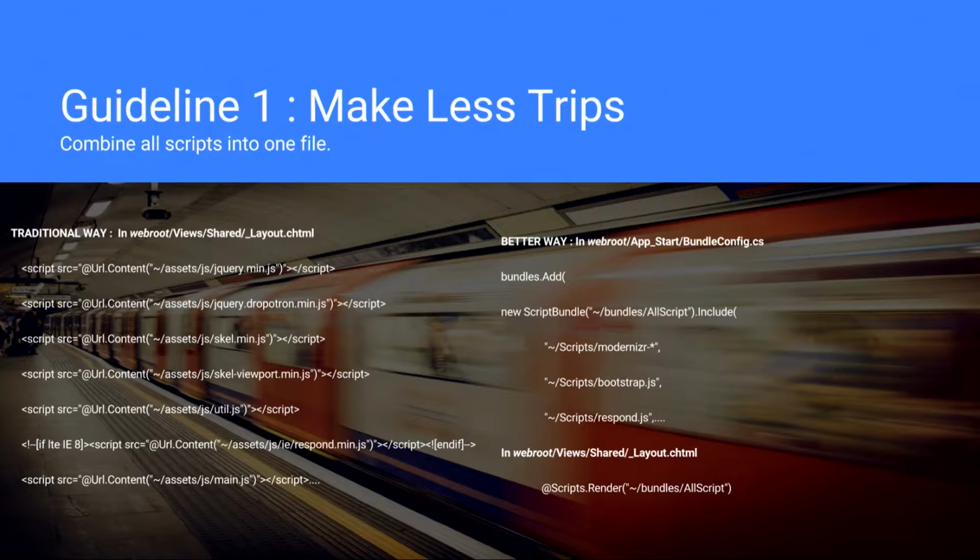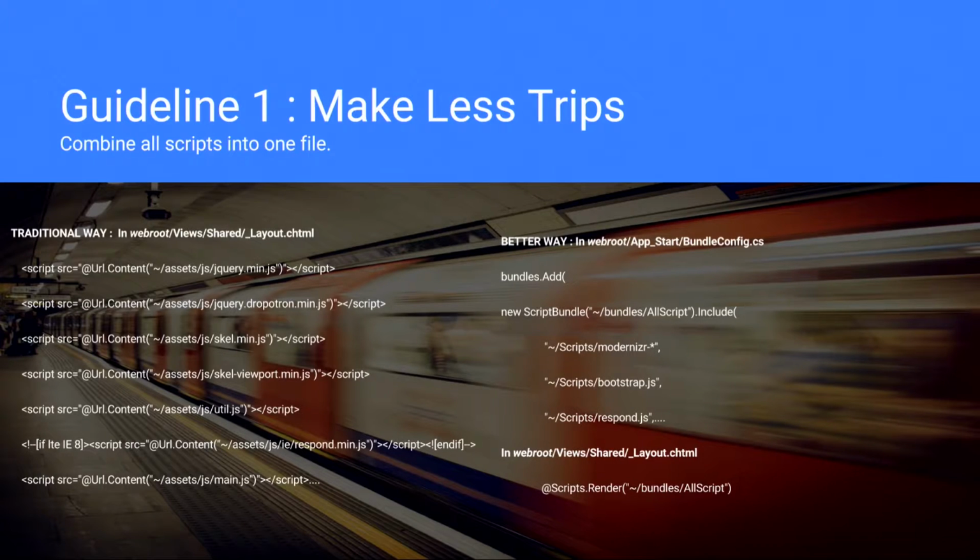But if you see here, I've said create a new script bundle. I gave it a name, right? Bundle/all script. This turns into a virtual directory that's not really there, but when you request that, it will return the contents of these files. And then I'll list out each of my JavaScript files that I was going to do individually. I put them into this bundle.